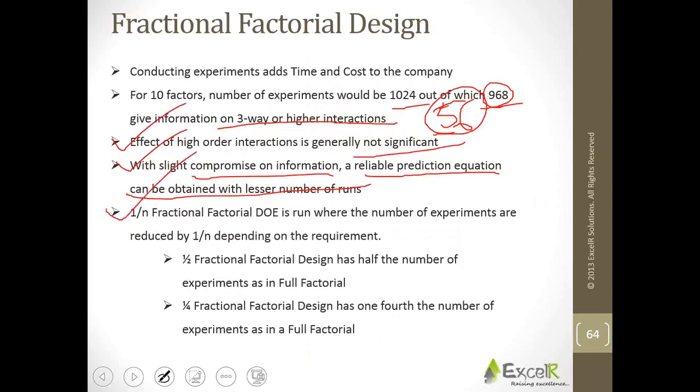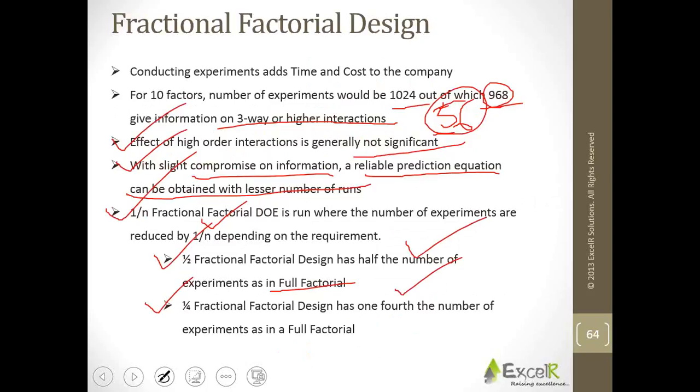1 by n fractional factorial design of experiment is run where the number of experiments are reduced by 1 by n depending on the requirement. So 1 by 2 fractional factorial design has half the number of experiments as in full factorial. 1 by 4 has 1/4 the number of experiments as in a full factorial.